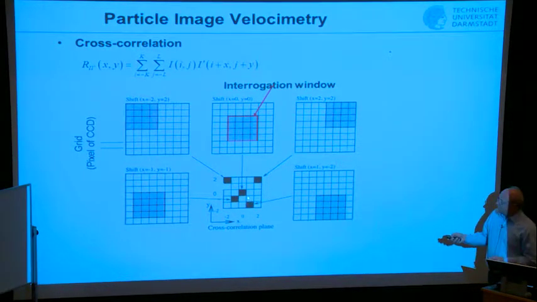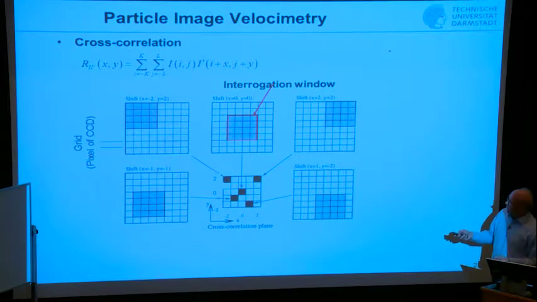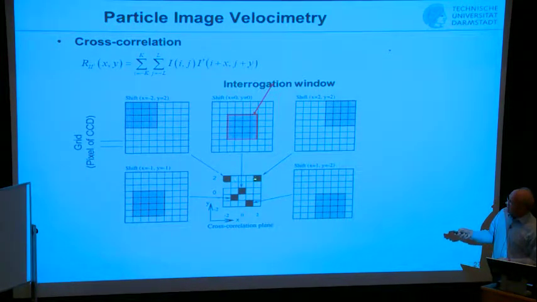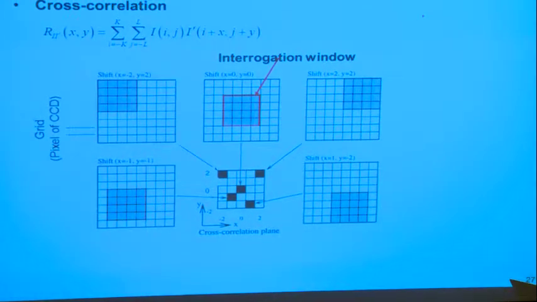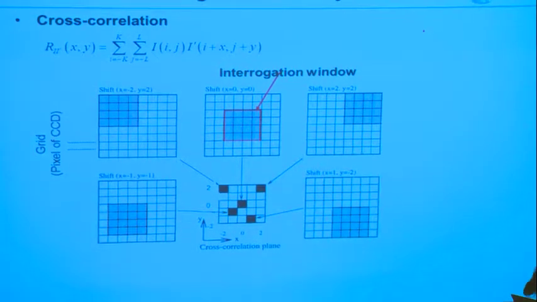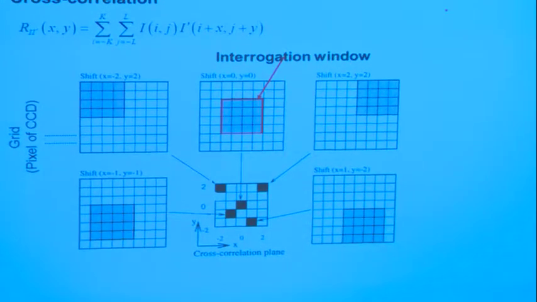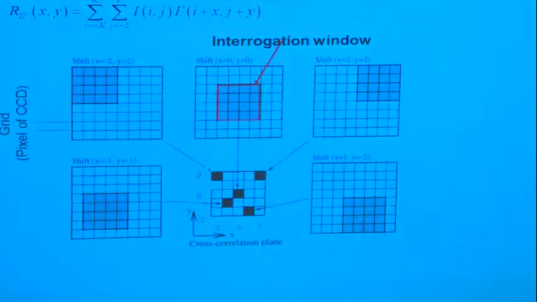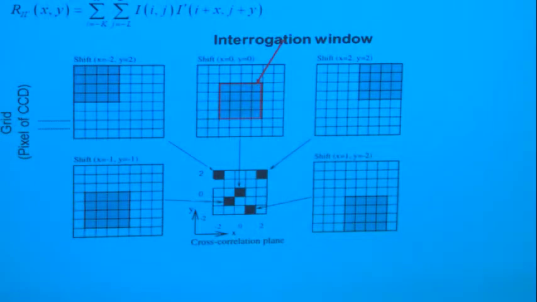The correlation map might have some shifts where you have a very high cross-correlation value, and other locations where you do not. Then you say the most probable shift is where the value of this cross-correlation operation is at maximum. That's the typical procedure. Please ask if that's not clear.